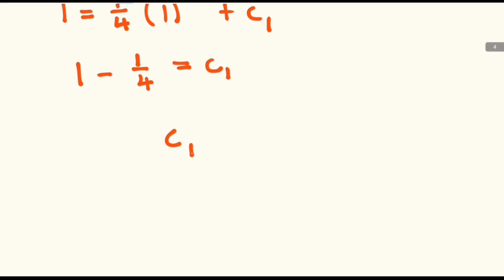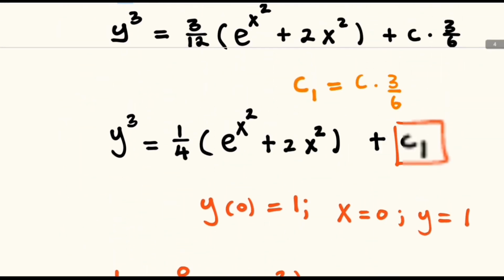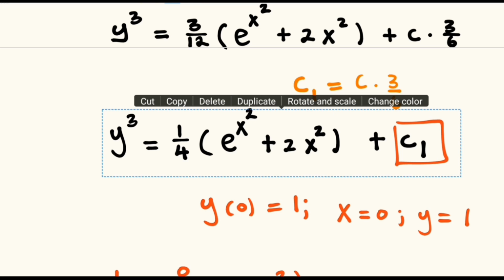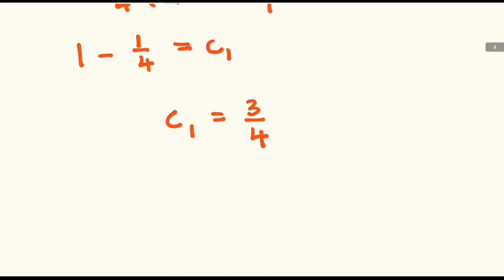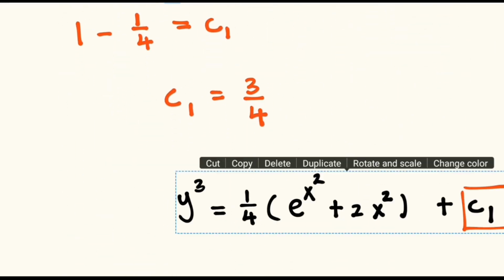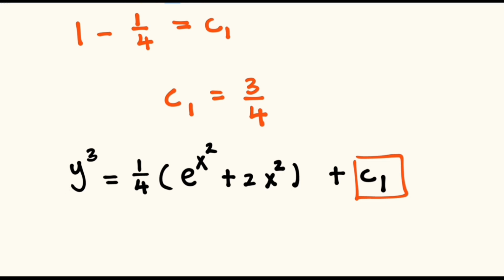And 1 minus 1 over 4 is equal to 3 divided by 4. So we can now plug c1 into that equation. So let's copy and paste, and in place of c1, we are going to substitute 3 divided by 4.